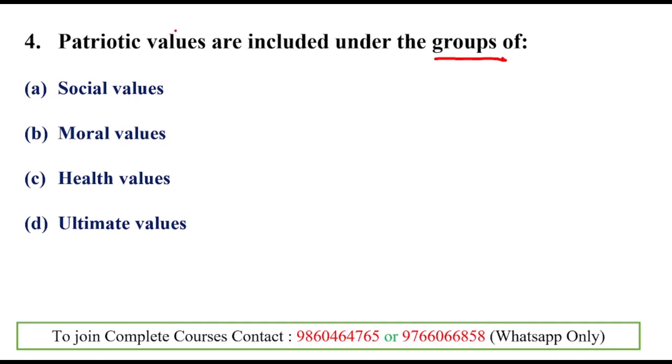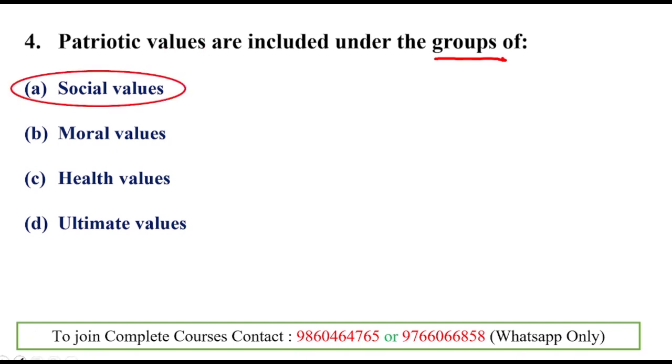That's the meaning of, or part of, patriotism, and we follow the national leaders and we abide by the constitution and national flag. That all is related to patriotism. So these are the social values. Clear? The societal values. So the answer is option A.